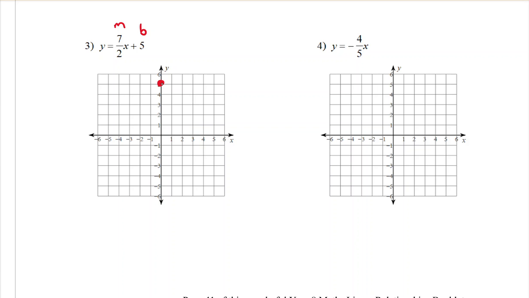So this is the other option. I can actually go down 7 spaces. So from here, let's go 1, 2, 3, 4, 5, 6, 7 spaces down. I need this to be an uphill slope, which means I need to go 2 spaces to the left to make sure it's going uphill. It kind of reverses the directions of what we had to do before.